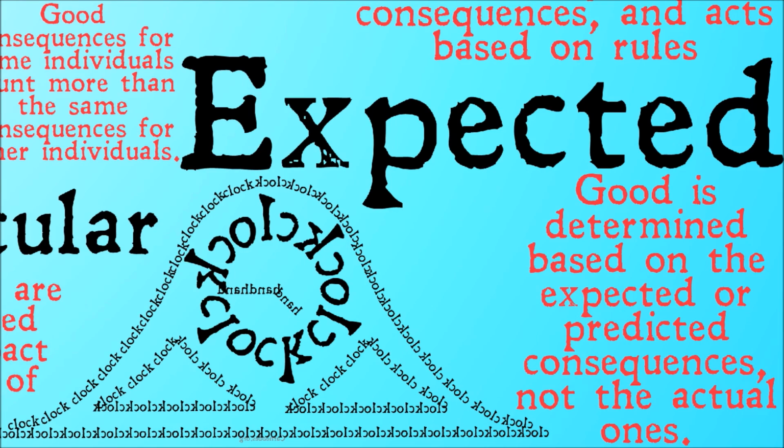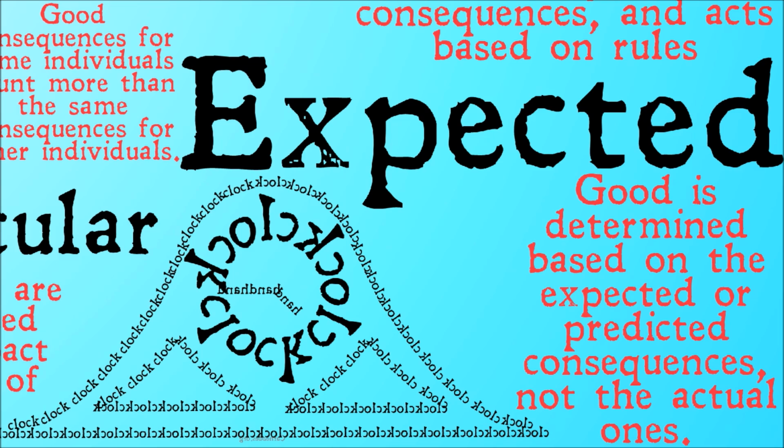Expected consequentialism, on the other hand, goes the other way. Good is determined based on the expected or predicted consequences, not the actual ones. So this is saying that whatever your expectations were, or possibly whatever the expectations of an objective observer were, that is how we're going to be judging the consequences.